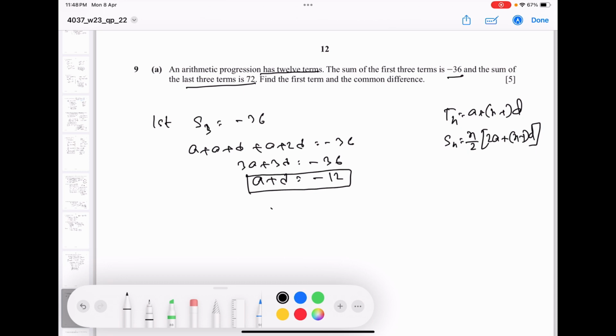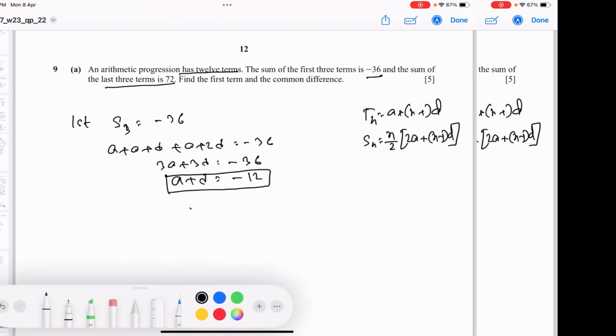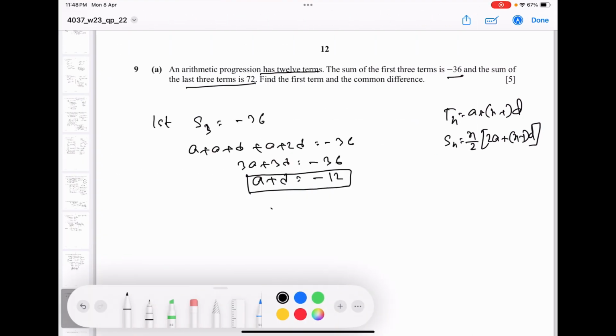Now next thing, for the last terms, this is the 12 terms. We can write a plus 11d plus a plus 10d plus a plus 9d. For the 12th term it is 11, for the 11th it is 10, for the 10th it is 9, since n minus 1 d equals 72.